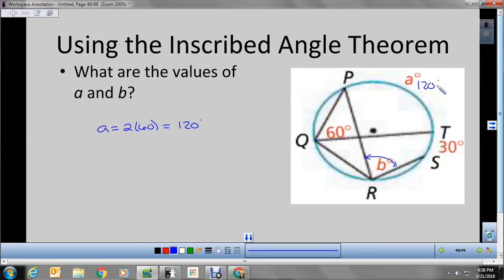So the total from this point here all the way around to S is going to be 150. And so B opens up to 150. So to find B, we're going to take 150 and divide it by 2. That's going to give us 75. So this is 75 because it is half of the arc it opens up to, which goes from P to S.